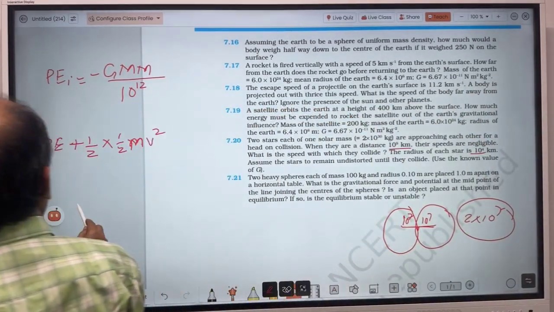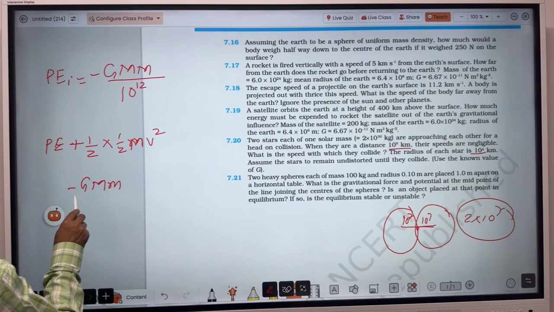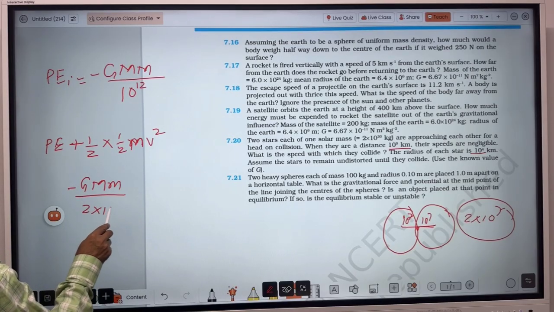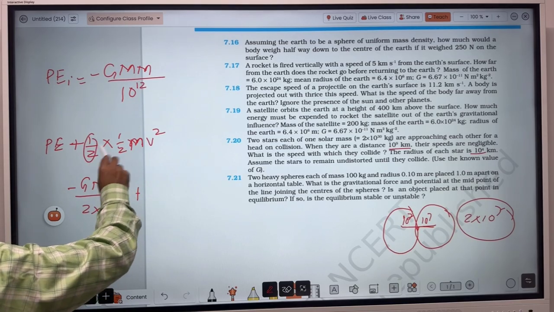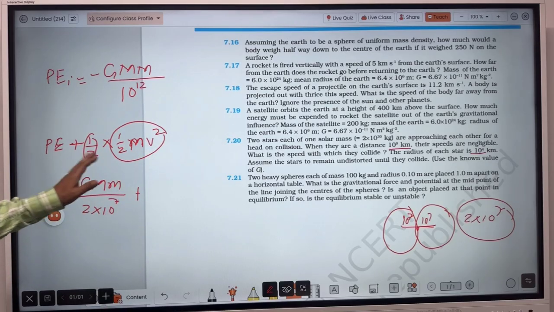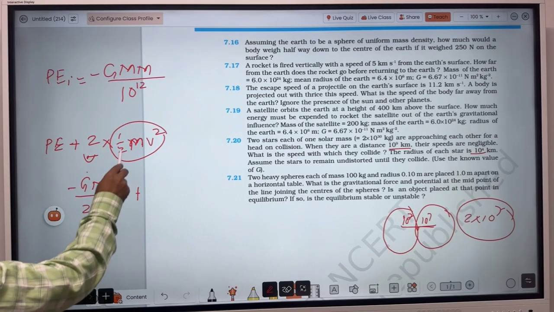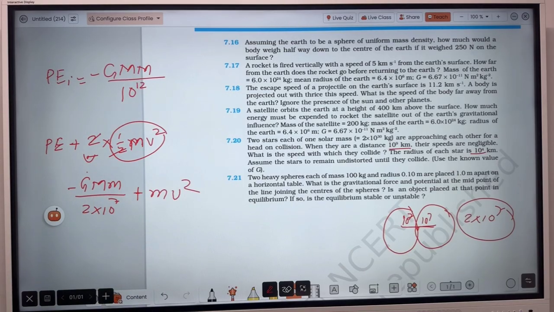Now you can write minus GMM divided by 2 into 10 to the power 7 plus, here not half, it should be 2, because half mv square is the kinetic energy. There are two stars, so just double it. So 2 will cancel out. Then m times v square.